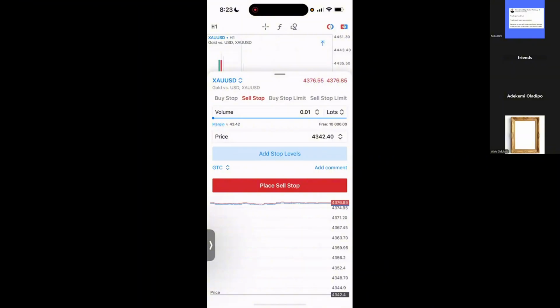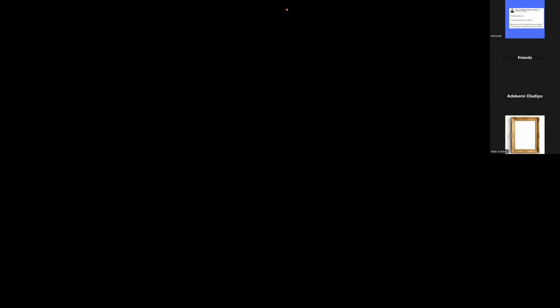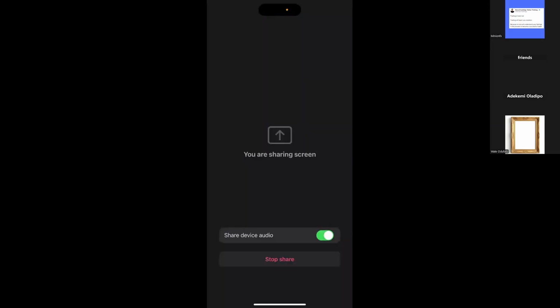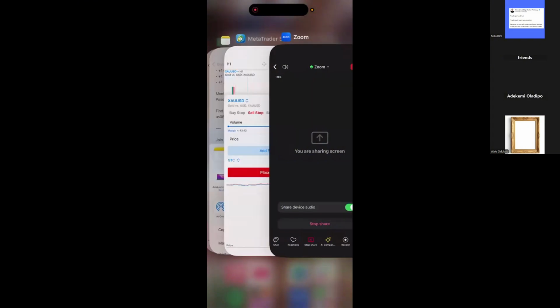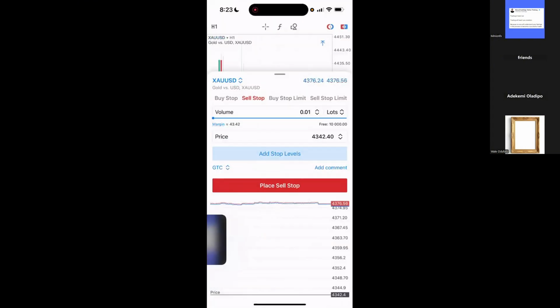Hold on, this thing triggered me. No, no, no. Wait a second, I was trying to trade Brits. I'm trying to execute the trade, sorry. No problem.